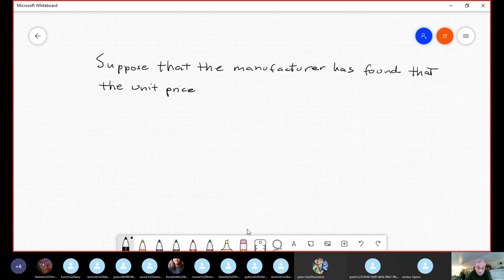I don't know exactly what that is. Unit price is P. The P represents unit price, I don't know, $50, $200, in dollars.